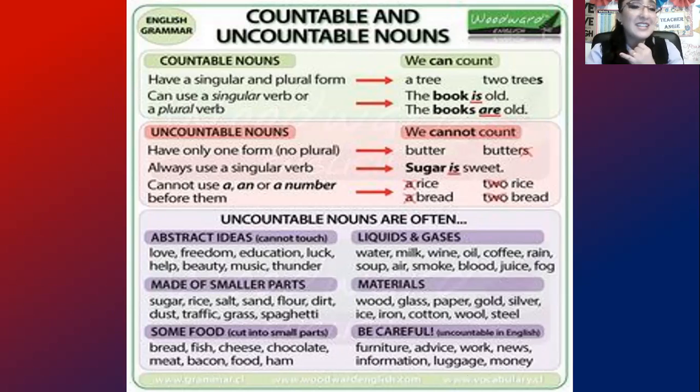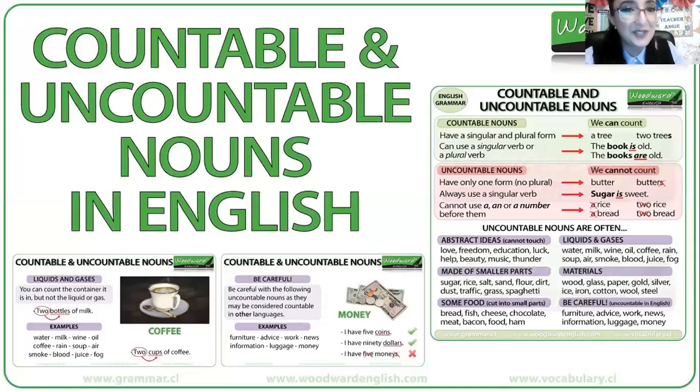Remember, abstract ideas or something that you cannot touch, something made of smaller parts, or something that you could cut into small parts, some materials, liquids and gases, furniture, some advice, something that you cannot touch. Those are going to be uncountables.